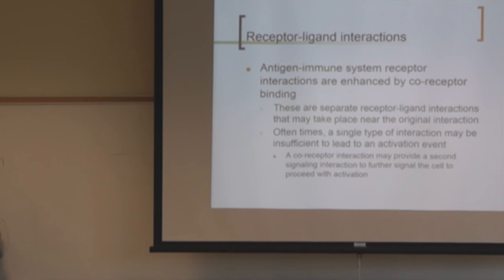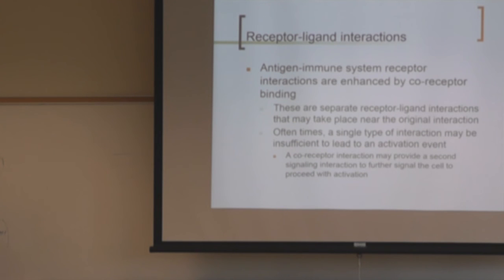So here's my T cell, and then here I have my separate receptor ligand interaction, for example, CD4. CD4 binds to this non-variant region of the MHC molecule, and it strengthens that bond.